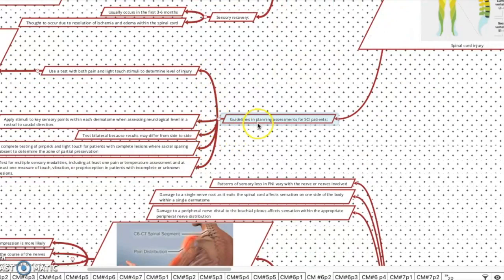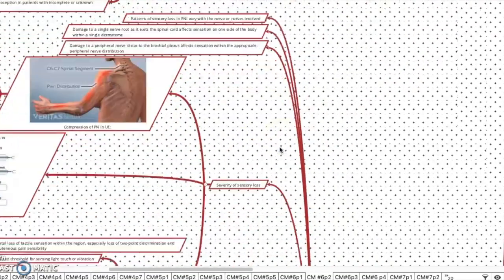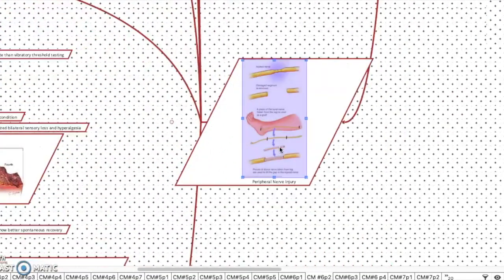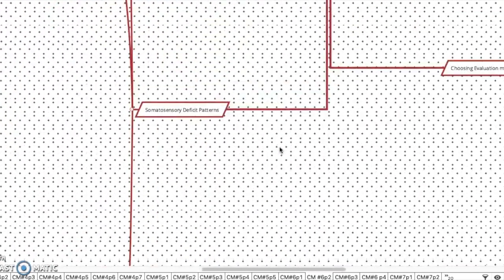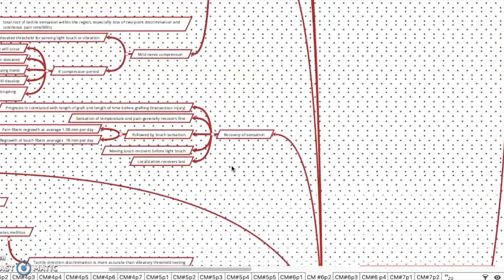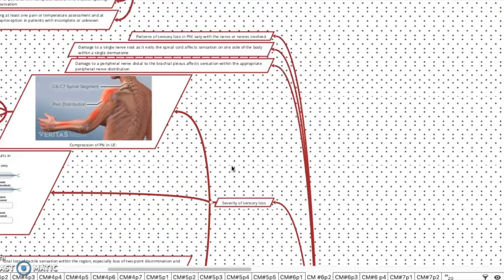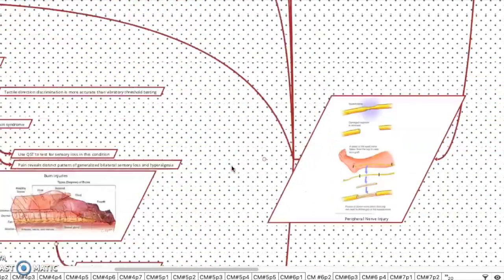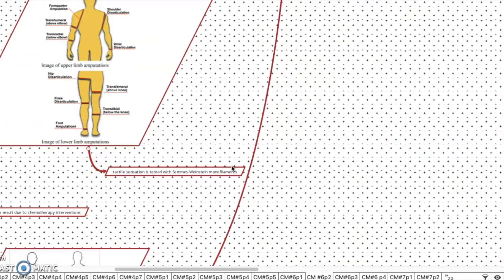These are the guidelines in planning assessments for SCI patients. And with peripheral nerve injury, this is what you can expect, as far as severity of sensory loss, recovery of sensation.